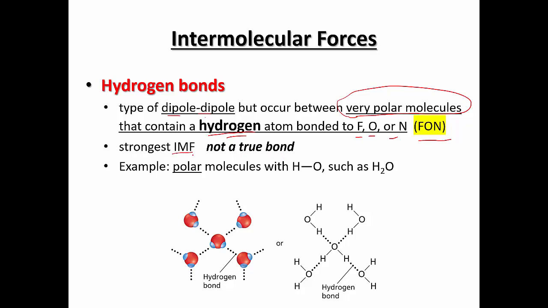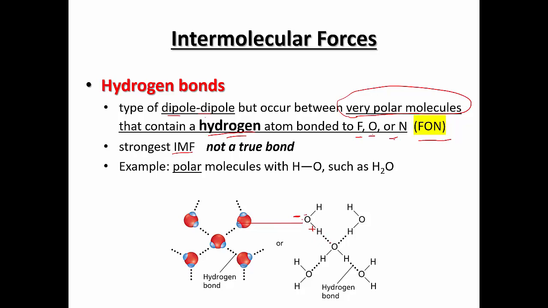So polar molecules, an example would be that hydrogen-oxygen bond. Hydrogen is directly bonded to one of our three elements, fluorine, oxygen, or nitrogen. The hydrogen-oxygen bond makes for a very negative part with the oxygen and a very positive part with the hydrogen.